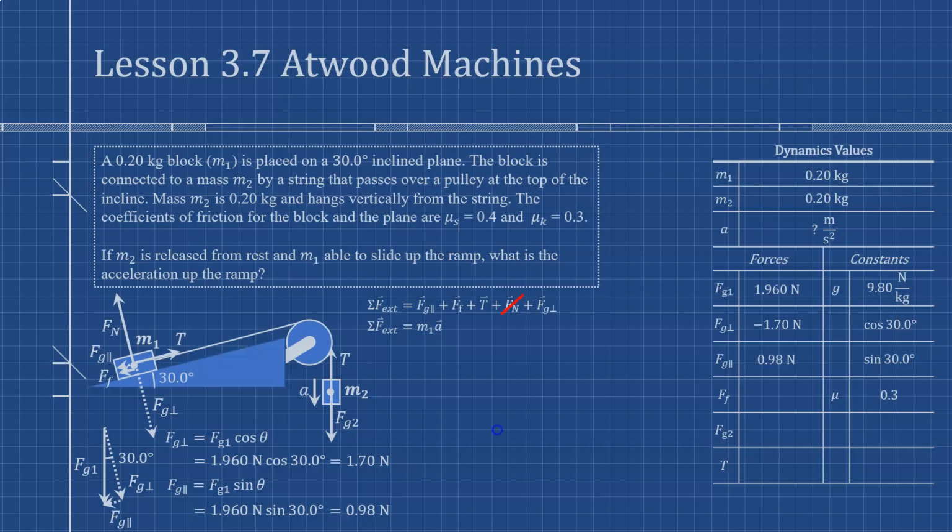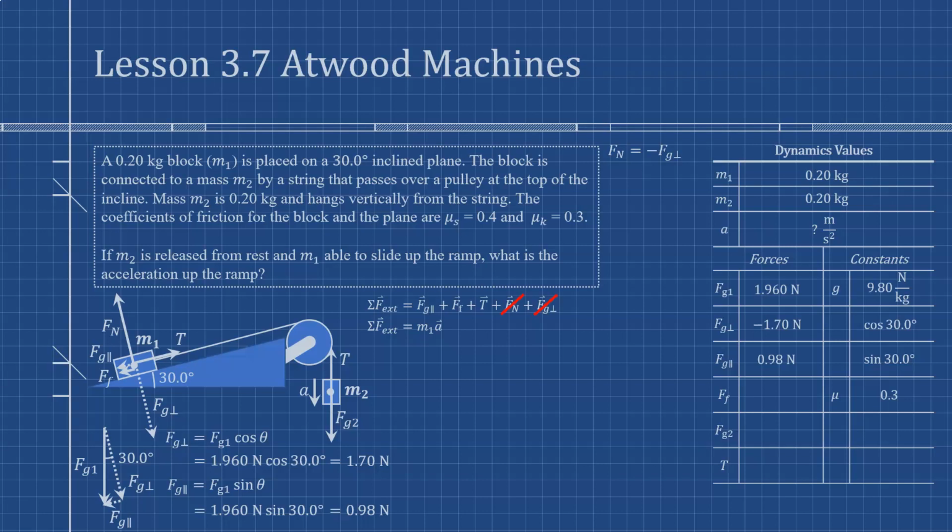And I can go ahead and cross off these two forces at the end because they are not in the same direction as my acceleration. They're perpendicular to my acceleration, and they cancel each other out. Now, whenever I cancel out forces, I can note that those two forces added together equal 0, or if there's two of them canceling out, one of those forces must be equal to the opposite of the other.